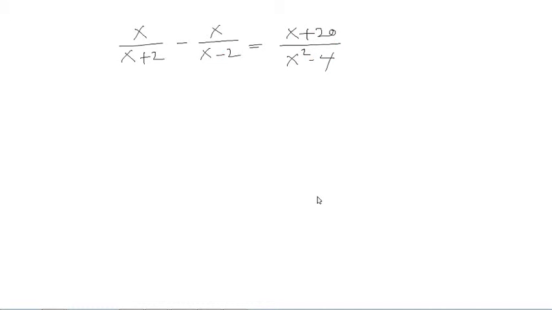First step, factor all the denominators completely. This denominator is completely factored, this is completely factored, but this one is not, and you can factor that. So let me rewrite the equation.